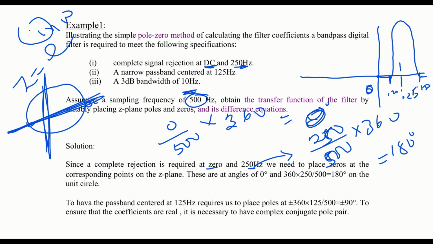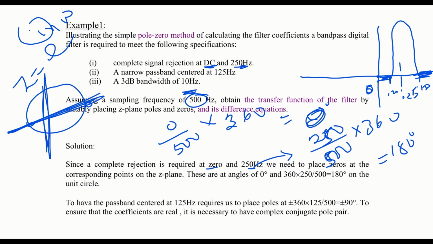Now, the filter is supposed to have a pass band. The signal rejection was for the zeros. The pass band is for the poles, because that is where the response is supposed to allow the signal to pass or go high. The zeros are where the signals are attenuated, they are at the ground.